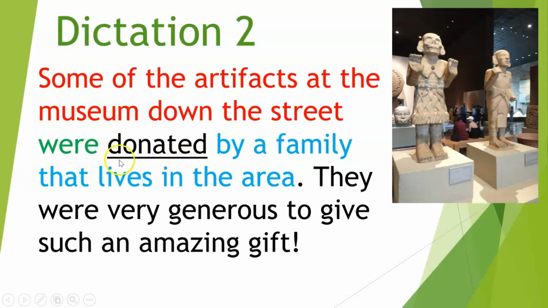This is the third form called the past participle. And then we have a by phrase, by a family that lives in the area. So the passive voice sentence is, some of the artifacts at the museum down the street were donated by a family that lives in the area.